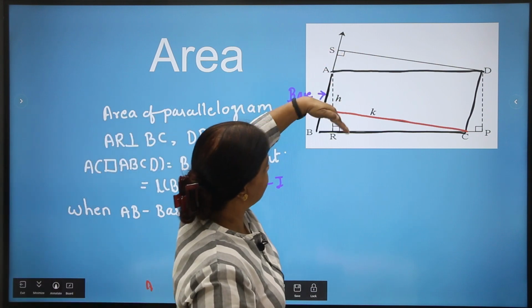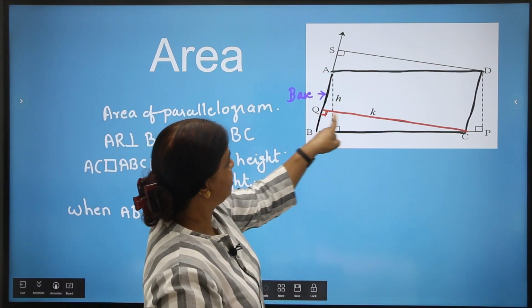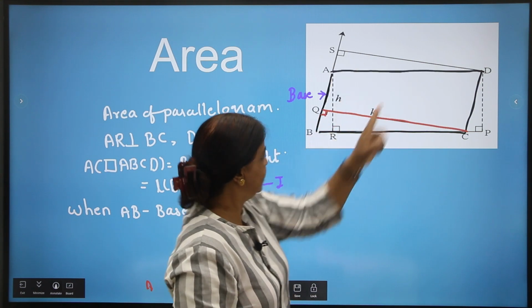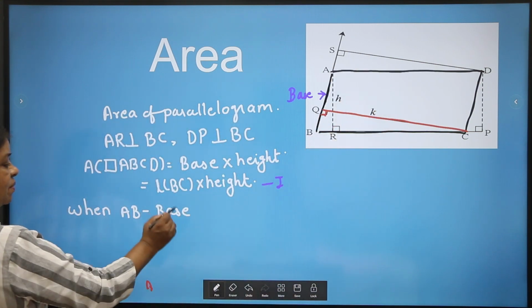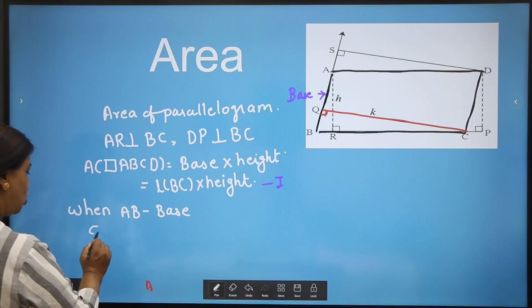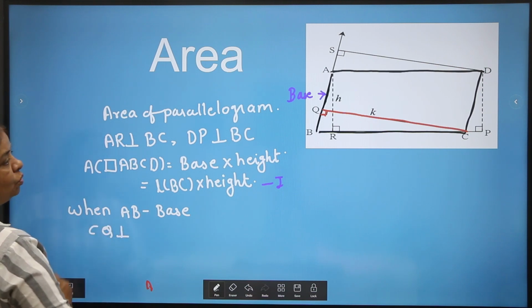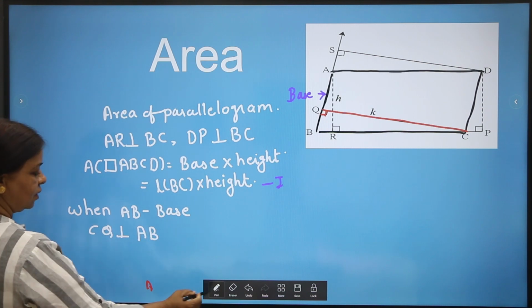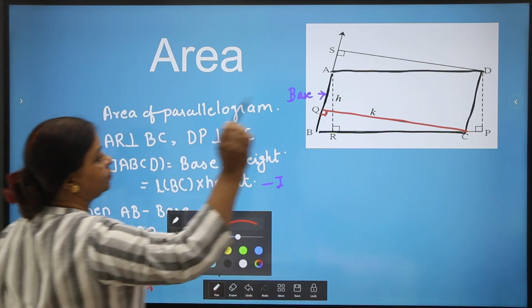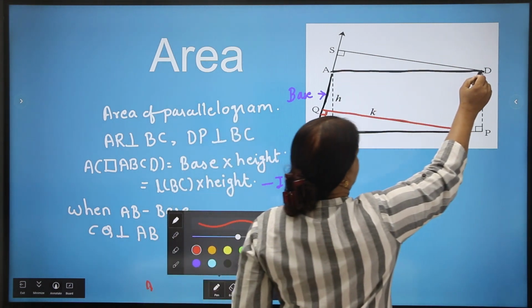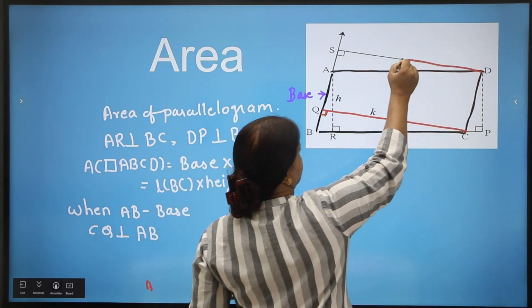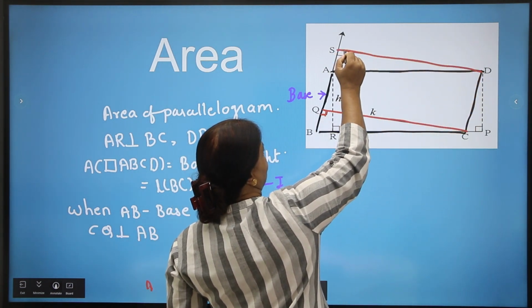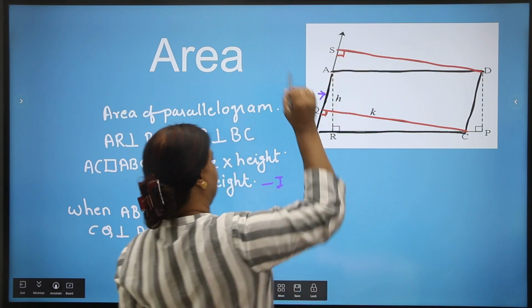there are two heights, see, CQ and SD. When AB is base, CQ is perpendicular to AB and DS is also perpendicular to AB.